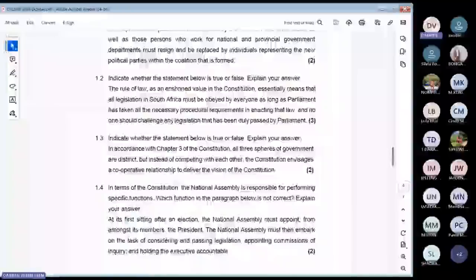Okay, but number 1.3, we want to indicate whether the statements below are true or false. In accordance with Chapter 3 of the Constitution, all 3 spheres of government are distinct, but instead of competing with each other, the Constitution envisages a cooperative relationship to deliver the vision of the Constitution. Sure, that's a mouthful.